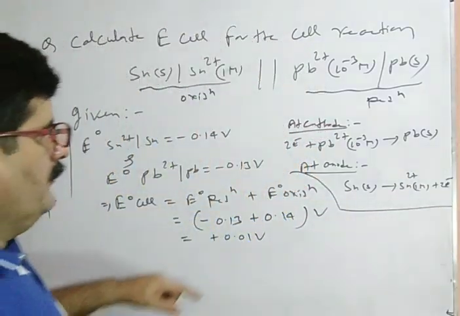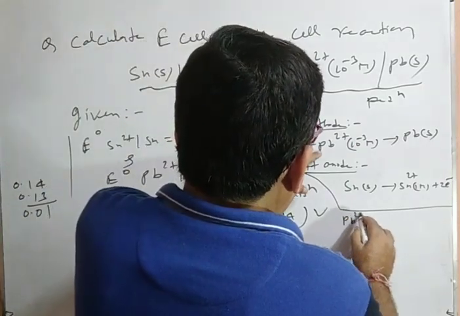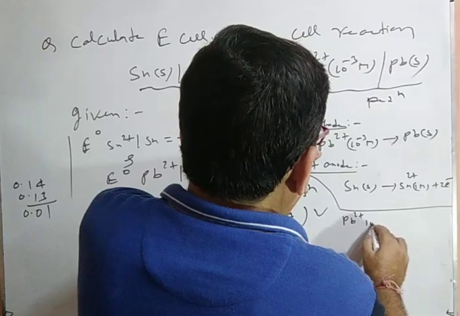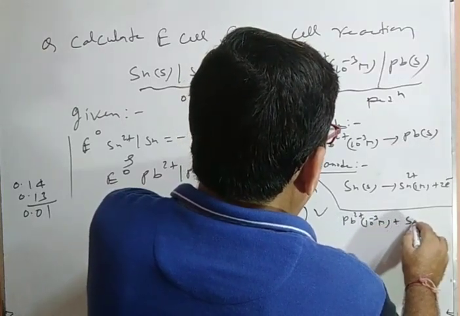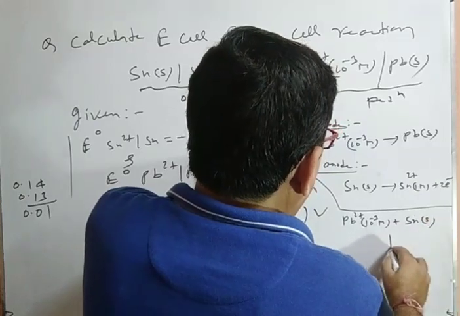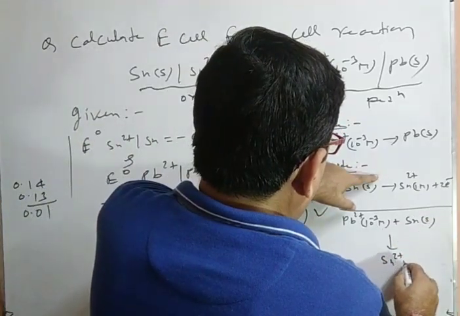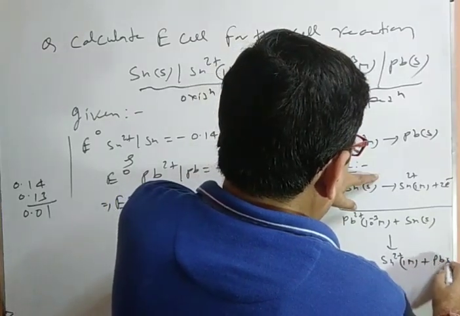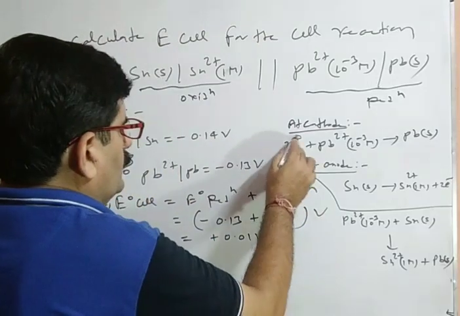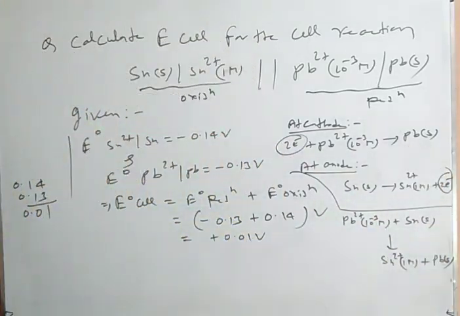So our equation becomes Pb2 plus 10 to the power minus 3 M plus Sn solid gives Sn2 plus 1 M and Pb solid. 2 electrons are involved in each half cell.